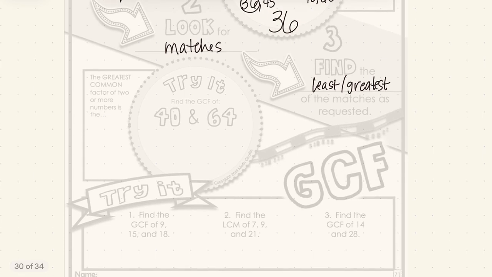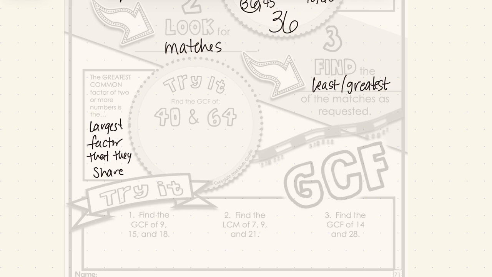If we're looking for the greatest common factor, basically we're going to factor these and then find which number they have in common that is the largest. So the greatest common factor of 2 or more numbers is the largest factor that they share. So let's find the greatest common factor of 40 and 64.